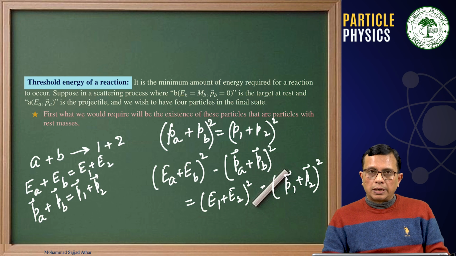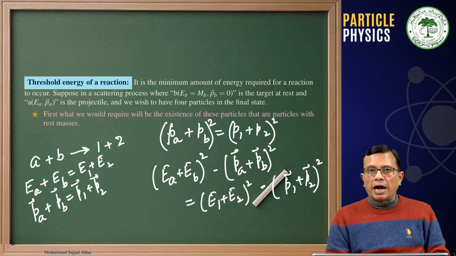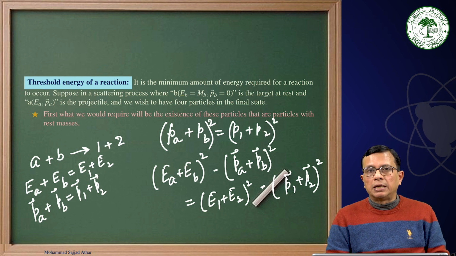Now, the important point is that particle B was at rest and A was coming with certain energy and momentum. And what is threshold energy? This is the required energy of the particle to have the desired final state. That means we want the existence of 1 and 2, which should exist with the rest masses of the particles.